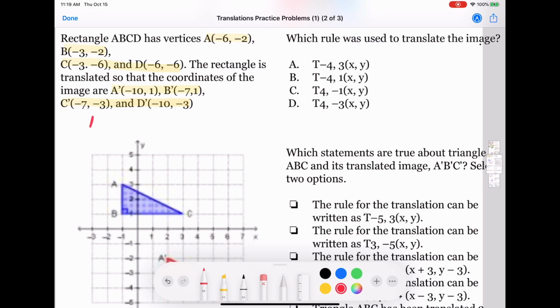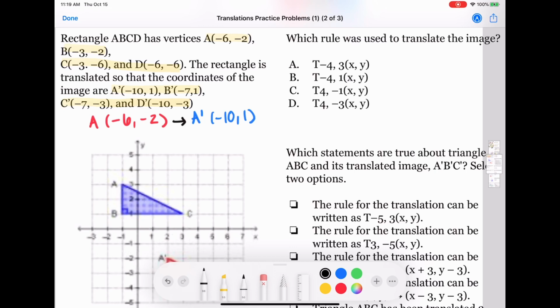So I would mark the coordinates of the original vertex A, and I would write down the coordinates of the translated vertex A prime. Right? So I know that the original A was translated to create A prime.